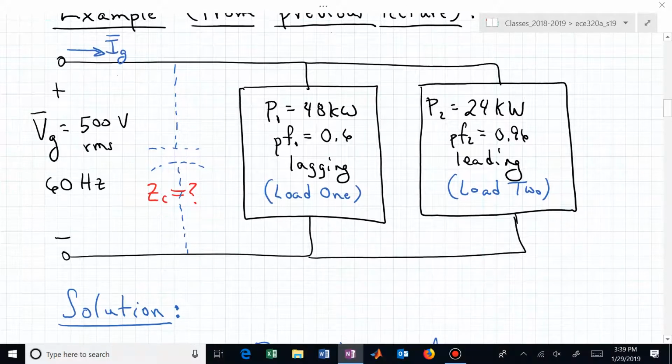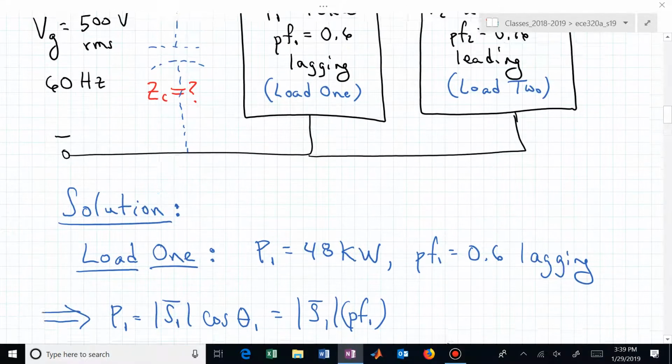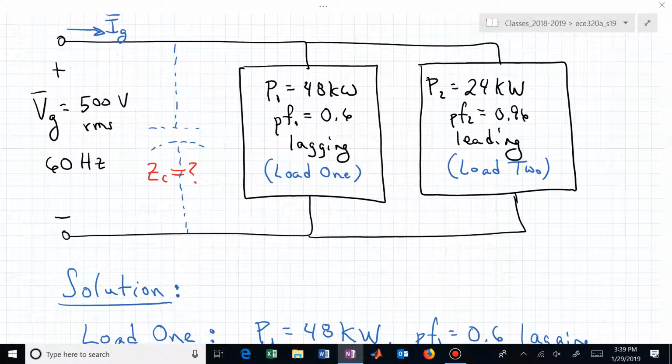Let's work through that for the different loads, load 1 and 2. I don't have all of the component parts explicitly on the screen, but you can find those with the given information. I've essentially given you an angle and the horizontal component of this complex power triangle.